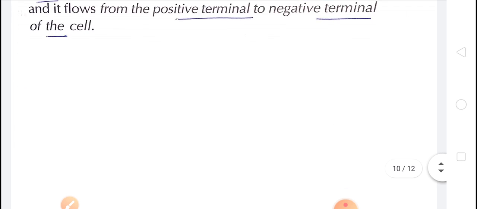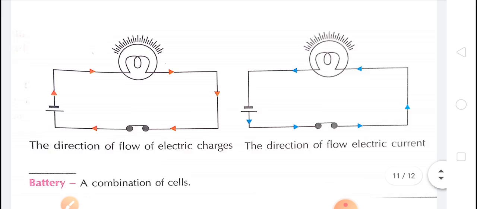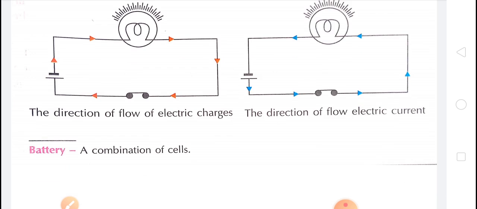See the direction, there are two directions. The direction of the electric charges is from negative to positive, while the electric current travels from positive to negative.